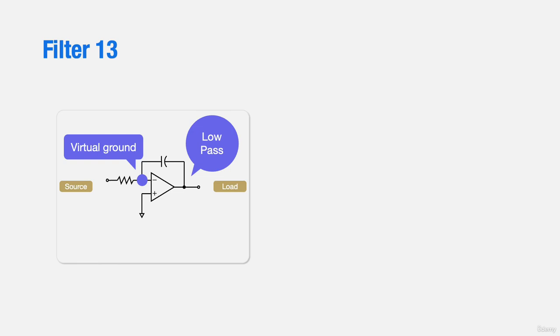Thus, inserting a capacitor in the return path implies that the higher frequency signal is more likely to be returned and then eliminated at the input. Therefore, this circuit functions as a low-pass filter since high-frequency signals are more easily eliminated.